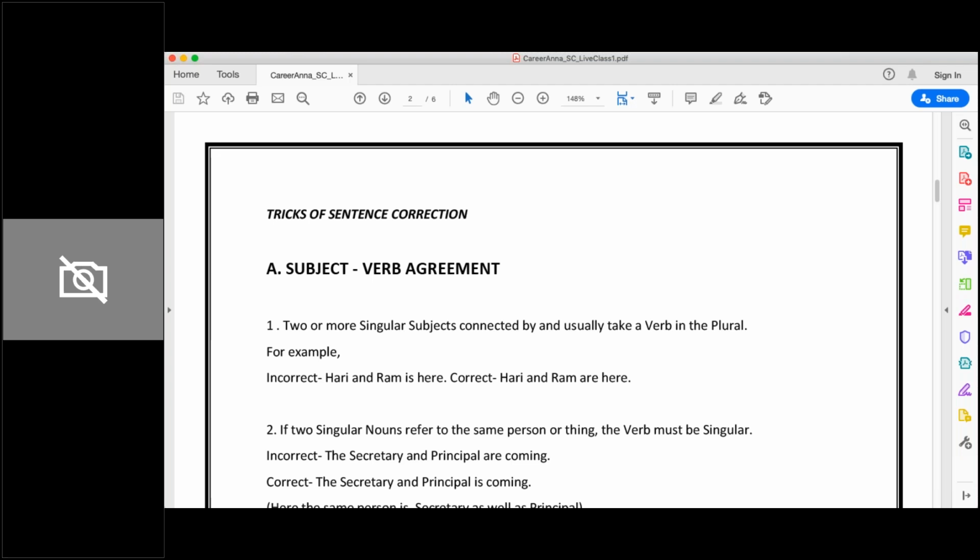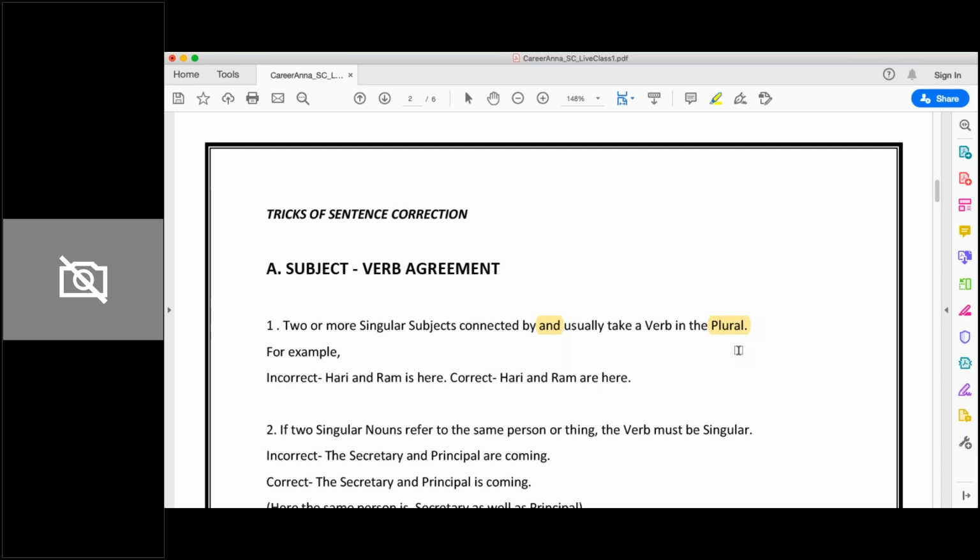As the first rule, you can read on your screen. If I have two or more singular subjects connected by and, then my verb is going to be plural. Are we getting this? So if my two or more singular subjects are connected by the word and, and there is a verb after them, my verb needs to be plural in nature.